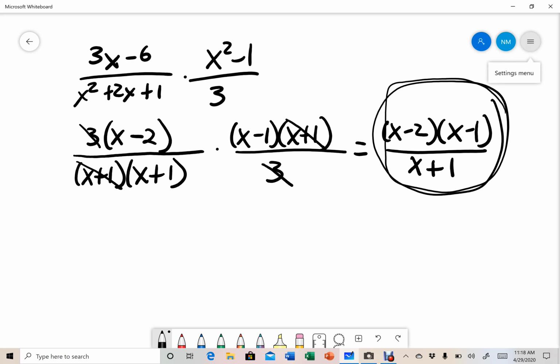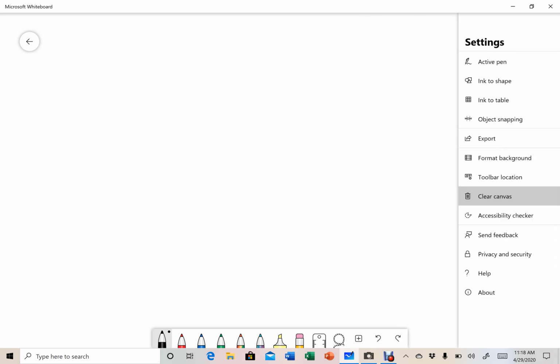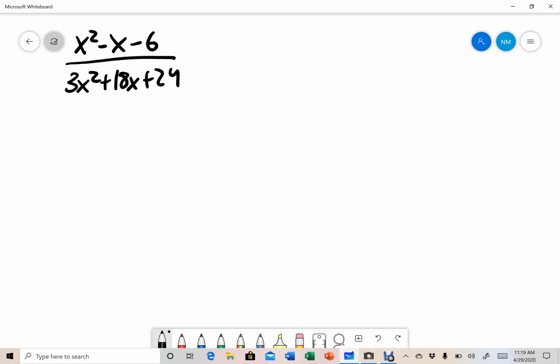Let's look at another one, and as you can see, they're getting a little more complex as we go along here. But this should be not too difficult. We've got x squared minus x minus 6 over 3x squared plus 18x plus 24 times 6x plus 24 over 6 minus 2x.